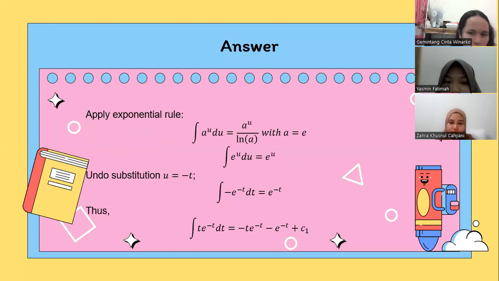Integral of a power u du is equal to a power u over ln a with a equal to e. So integral e power u du will be equal to e power u. So we undo substitution u equal to minus t. So we have integral of minus e power minus t dt will be equal to e power minus t. Thus, the integral of t e power minus t dt will be equal to minus t e power minus t minus e power minus t plus c1.